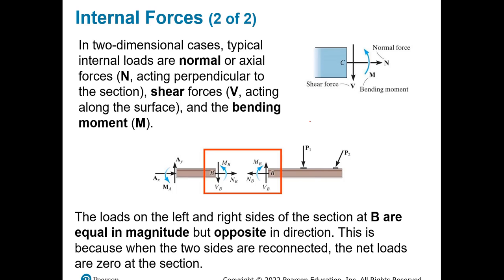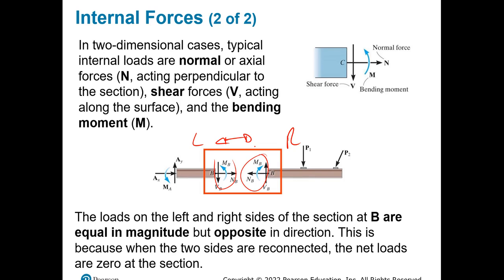This is because when the two sides are reconnected, the net loads are zero at that section. So as you break up the part between left and right, you will be developing some internal forces. The internal forces will have one direction, and the ones on the other side will have the opposite direction, so when we connect them together, the net force will be zero.